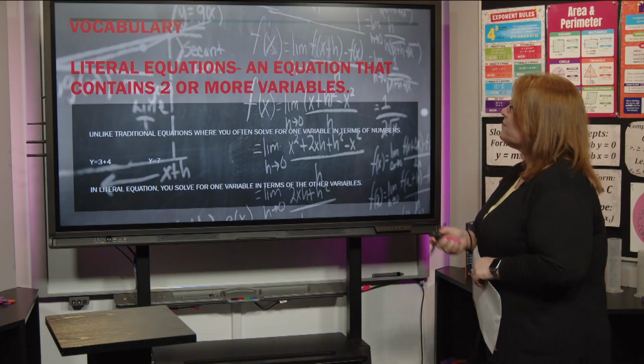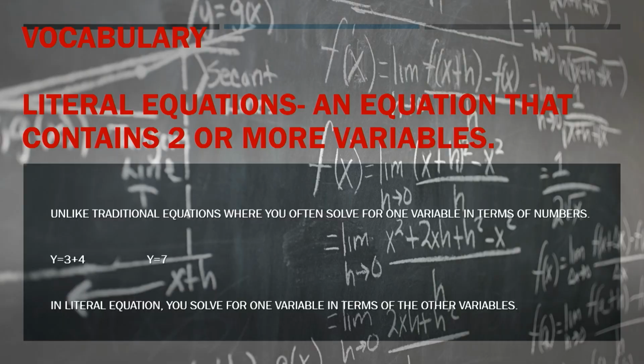So here we go. Here's some vocabulary that we need to be putting on our vocabulary pages. Literal equations: an equation that contains two or more variables. Unlike traditional equations where you often solve for one variable in terms of numbers, with literal equations you solve for one variable in terms of other variables.